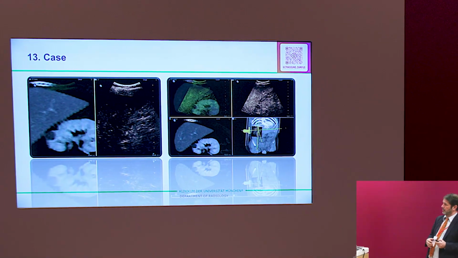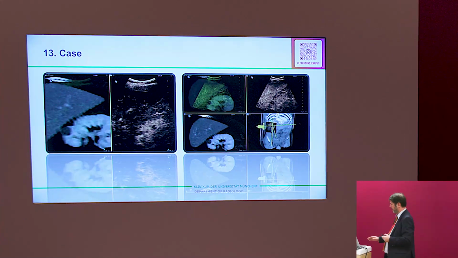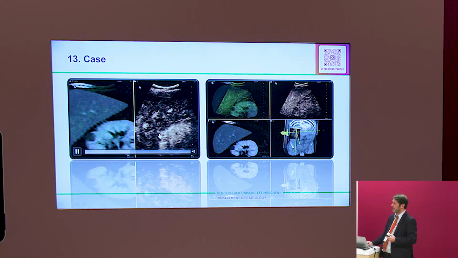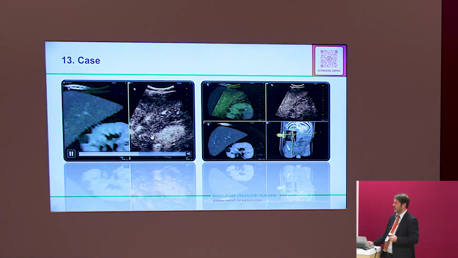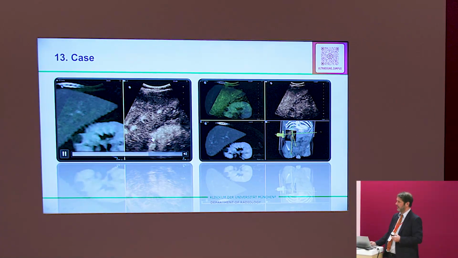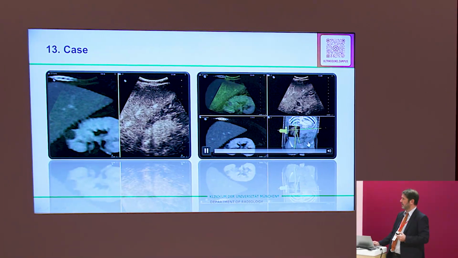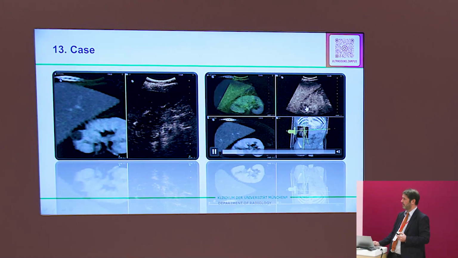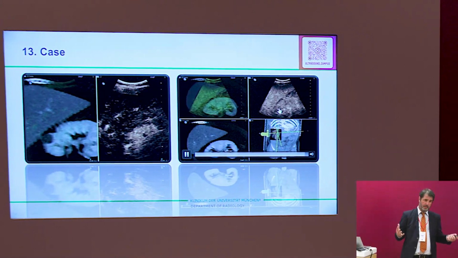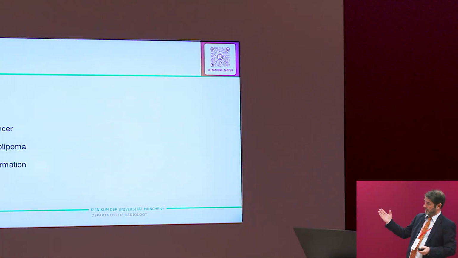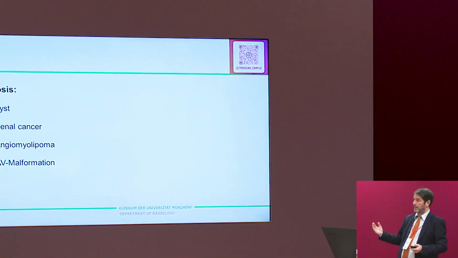So we start to inject contrast. Look at this lesion, vascularization inside. And if we wait a little bit longer, you still see this lesion has a washout. It's alive. Also in this case, it was cancer. So, cystic lesion, we know, must be black.